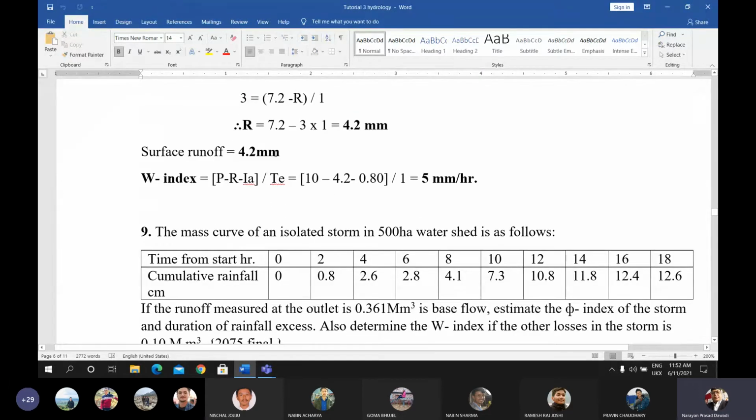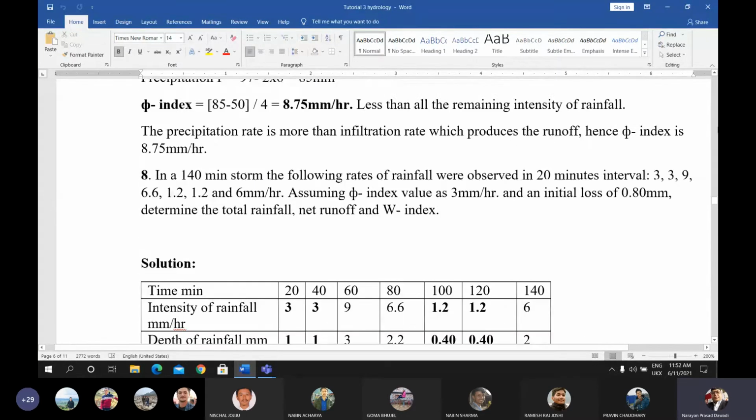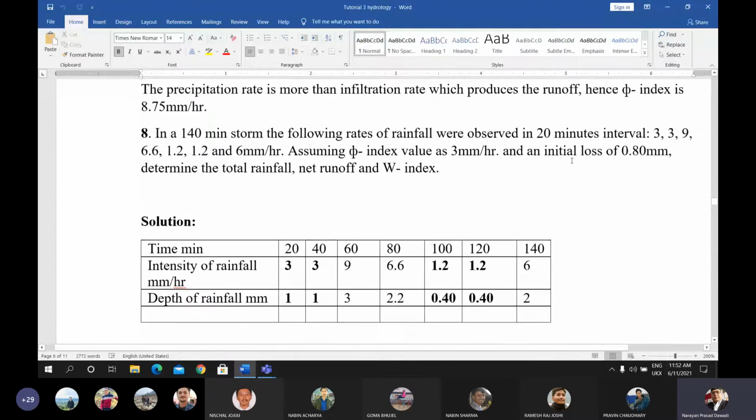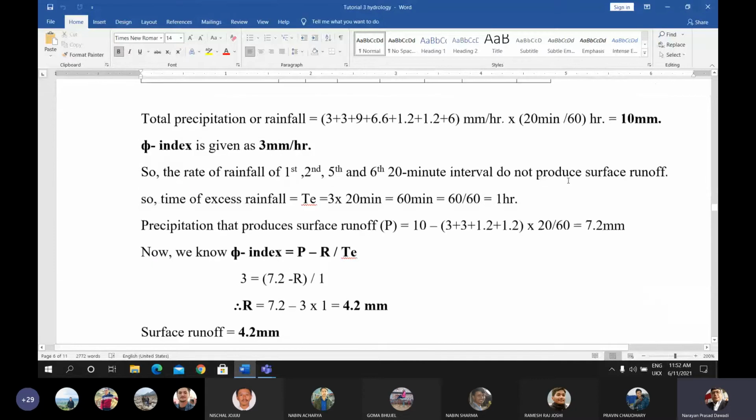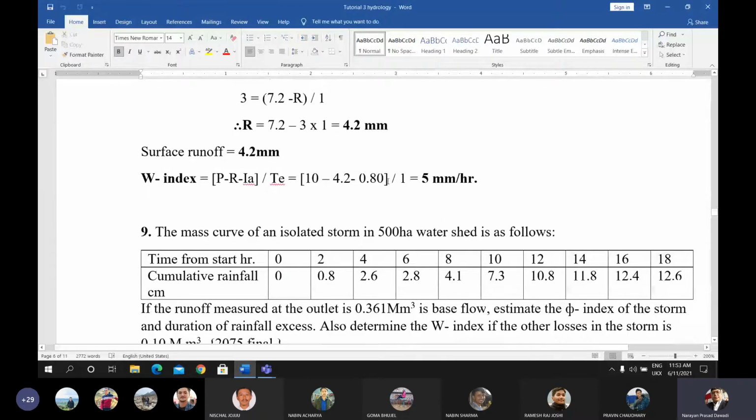R is calculated as 4.2, and the initial loss is given in the question as 0.80 mm. So IA is 0.80 mm, which is divided by 1. You will get the value of 5 mm per hour, which is the W index.